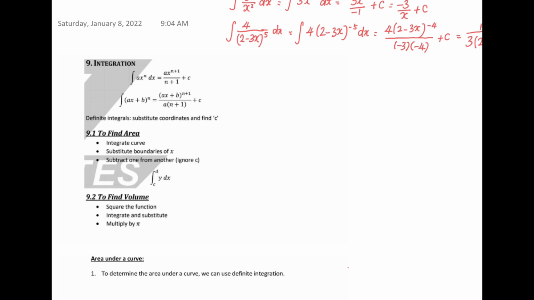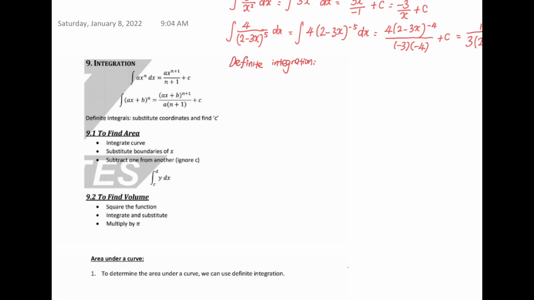Let's say one example. Let's say a question like this. I start from definite integral first. Definite integrals. This is basically revision also.